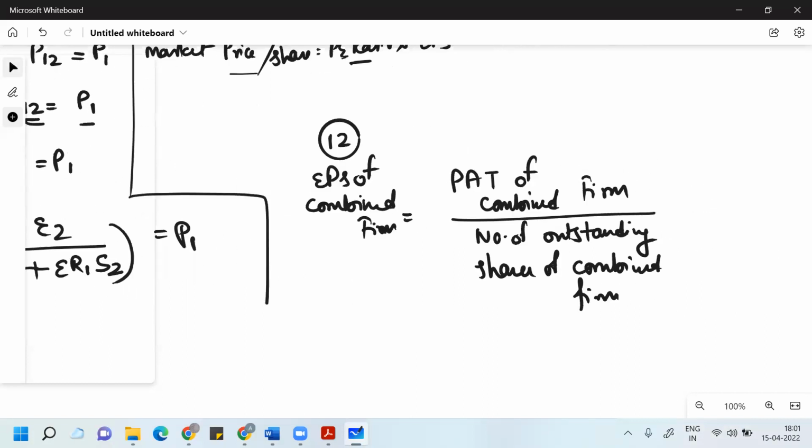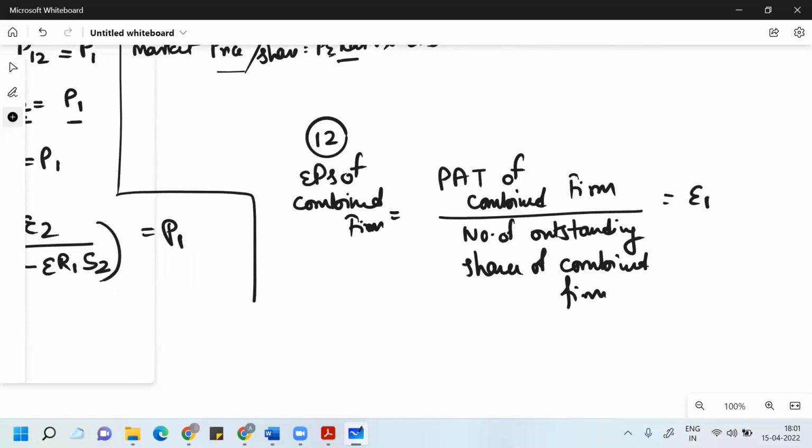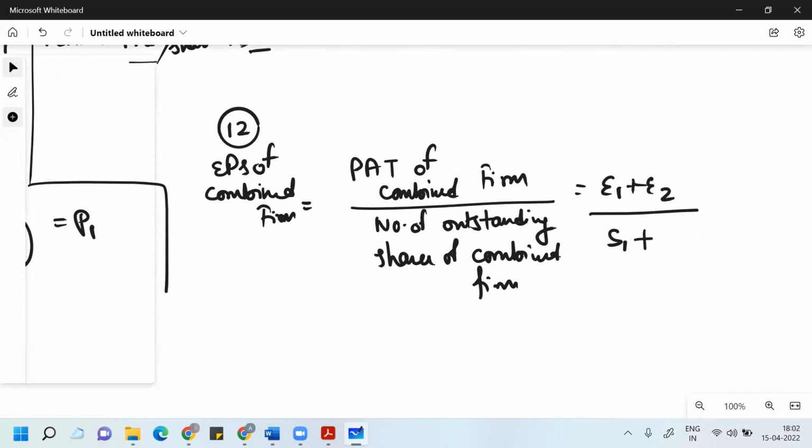Now, whenever the two firms come together, there would not be any impact on the profit after tax. The number of shares outstanding of the acquiring firm is S1. The number of shares outstanding of the acquired firm before the merger was S2, and when this acquisition happened, firm 1 gave either cash or stock. That is how the exchange ratio was determined.